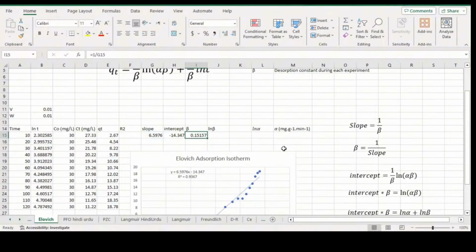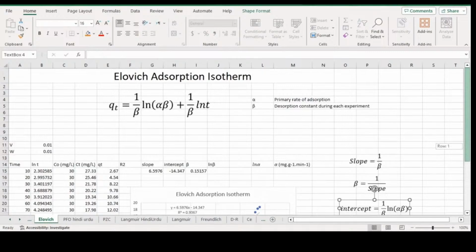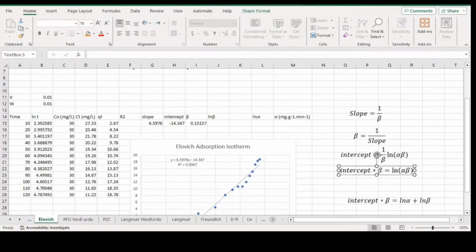Now, from the equation, we know that the intercept is equal to 1 over beta ln alpha beta. If the beta value comes over here with the intercept, then intercept into beta is equal to ln alpha beta.